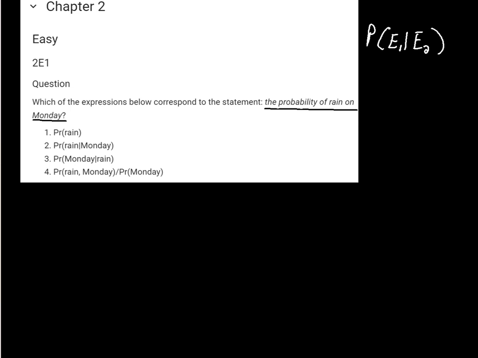Okay, and so here we have that one of the events is rain, and the second one here is on Monday, or that it is Monday. Let's first start by trying to find an expression that matches this. And so already we see that probably number 2 is the correct answer. This is the probability of rain given that it is Monday.